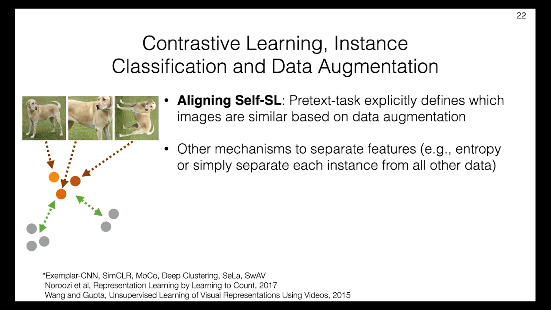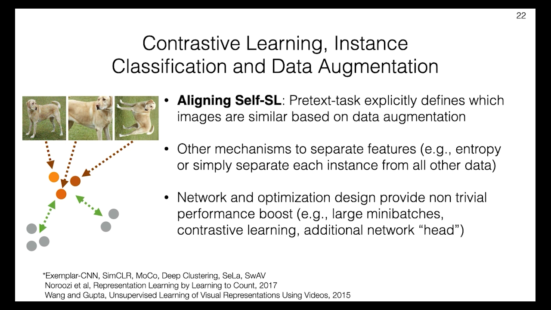These methods have now shown impressive performance and even surpassed supervised learning pre-training in a number of transfer tasks. The reason why the recent methods perform so well is, however, still unclear. Key factors may not be just the pretext task, but also the way networks train, the losses that are used, and the optimization methods that are used for training. We touch upon these aspects in the next few slides.